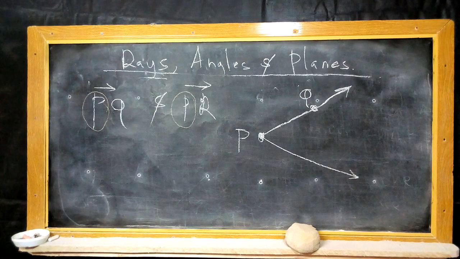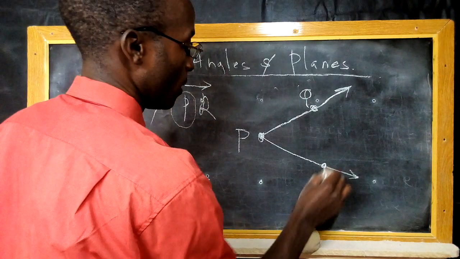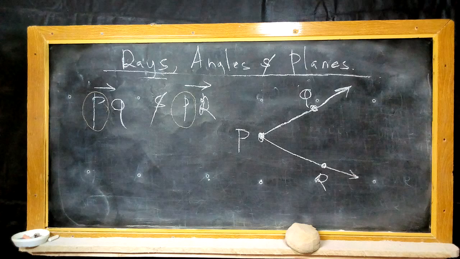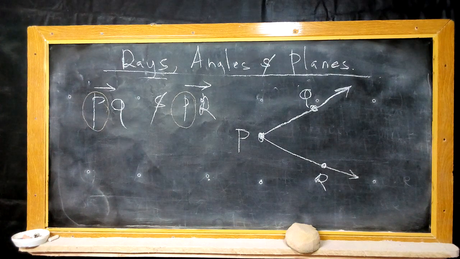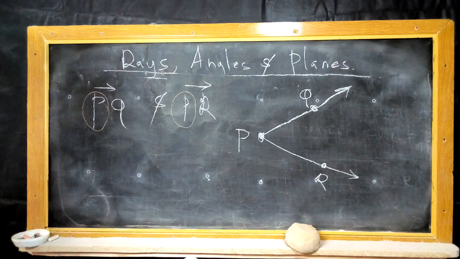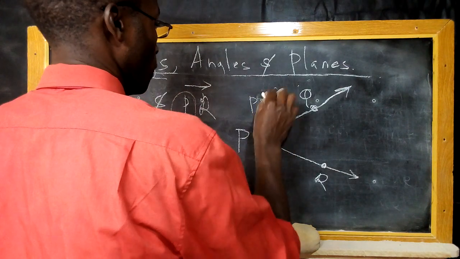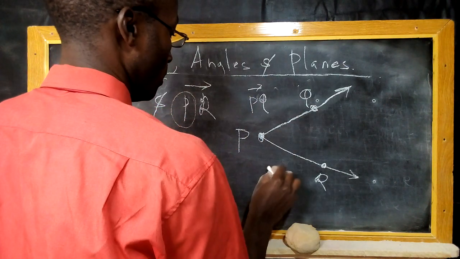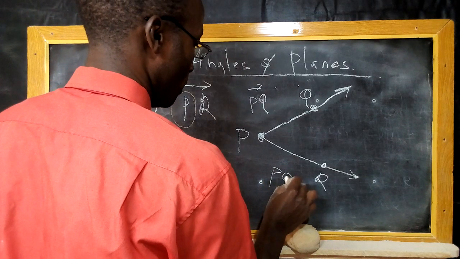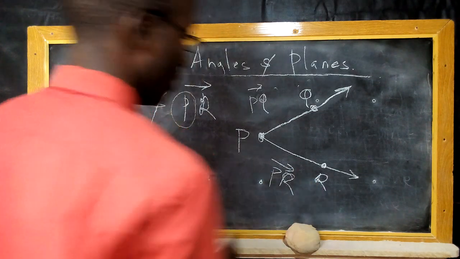And then we have another one, PR. From point P, it continues infinitely in that direction. So in that case, we can say that this is ray PQ using that arrow, and this is ray PR using that arrow.